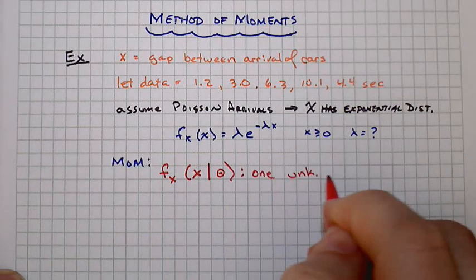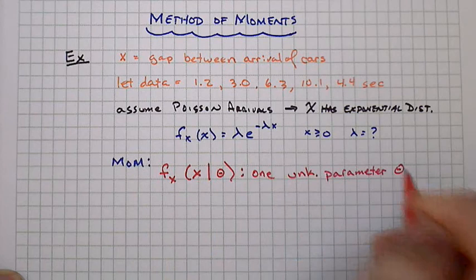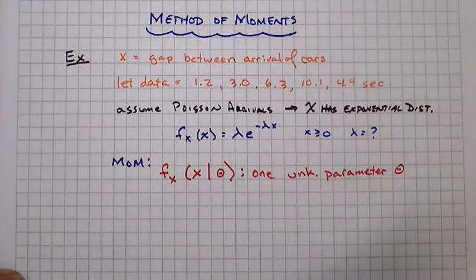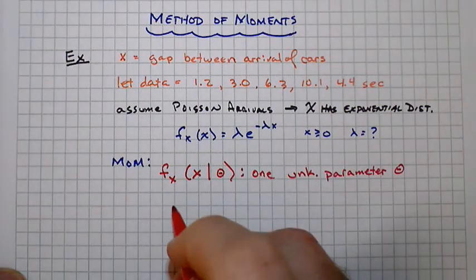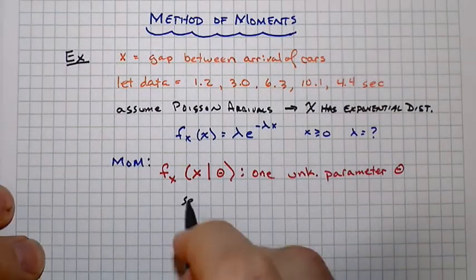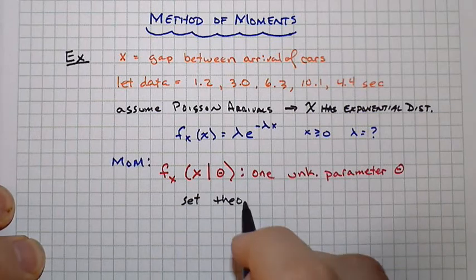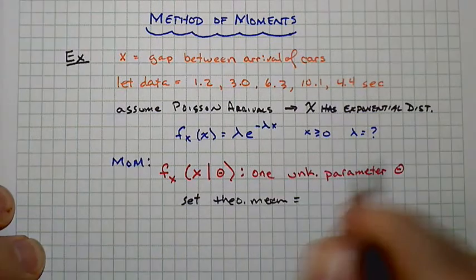We have one unknown parameter. And one approach that we might use in this particular case is to set our theoretical mean equal to the sample mean.